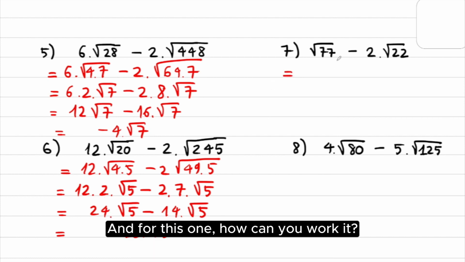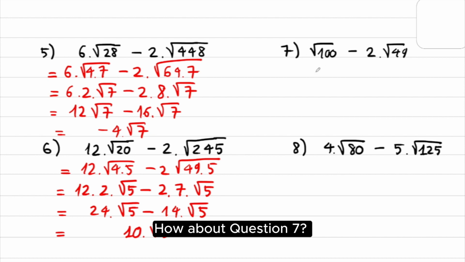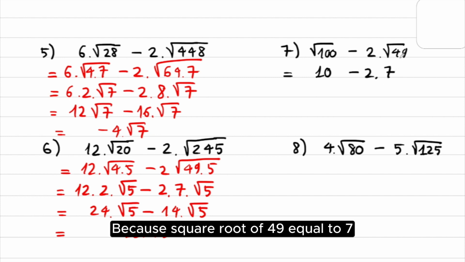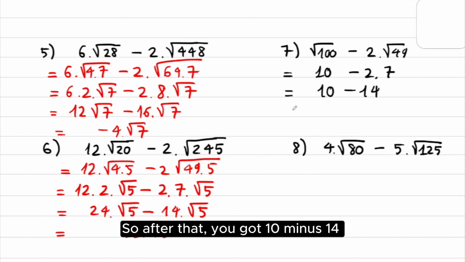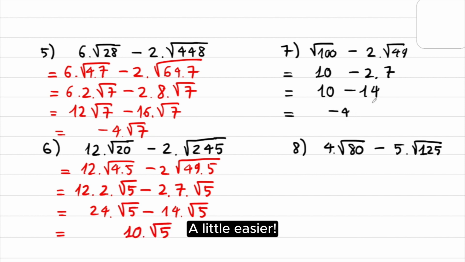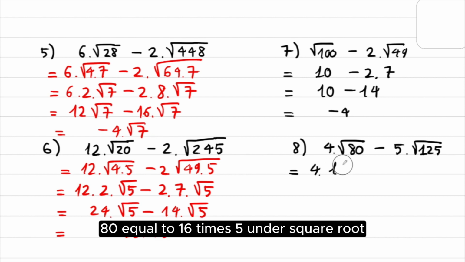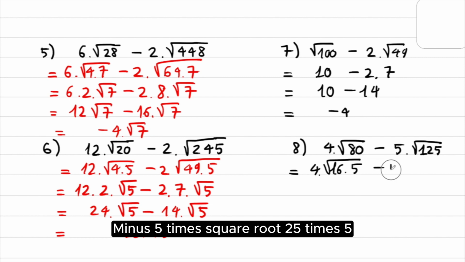And for this one, how can you work with it? How about question 7? Question 7, square root of 100, you have 10 and minus 2 times 7 here because square root of 49 equal to 7. So after that, you got 10 minus 14 and then minus 4 in my final answer. Yeah, a little easier. Question 8, 4 multiply square root of 80, and 16 times 5 minus 5 times 25 times 5.